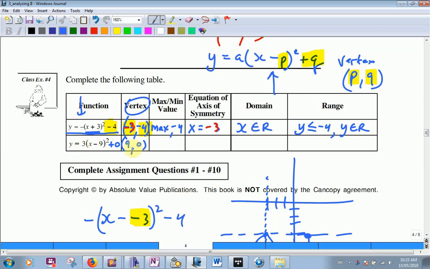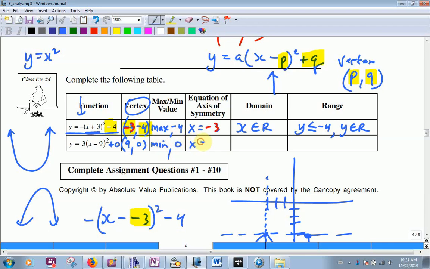Does it have a max or a min? It has a minimum because it's positive. It didn't get flipped. It looks still like that. Okay? If there's a minus, it looks like that. And what's the value? 0. That's the y-coordinate of the vertex.